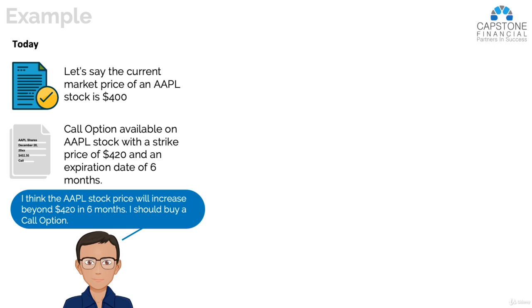The strike price is important because what we need to really understand is what our expectations are. Our expectations are that it's going to move higher, but we really need to calculate by how much. If you decide to buy a strike price that's further out of the money and further away from the current market price of the stock, you are going to pay less money for the option.